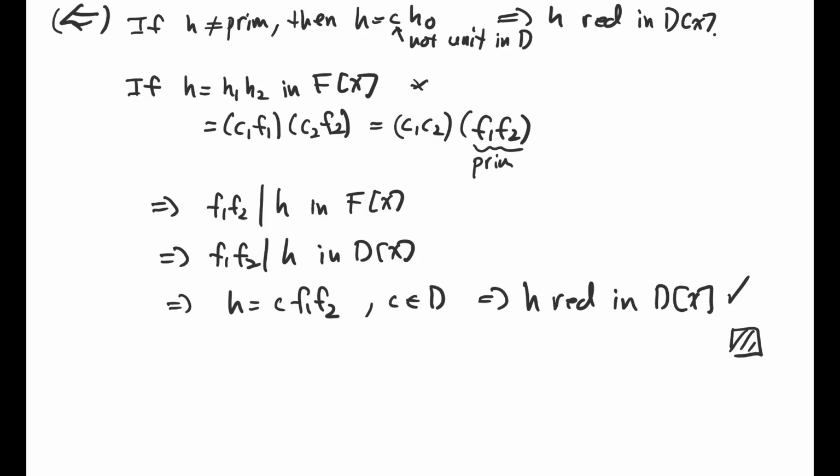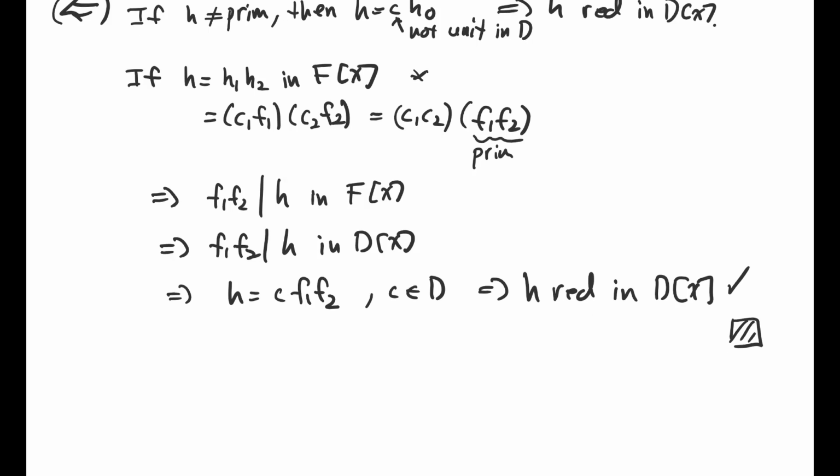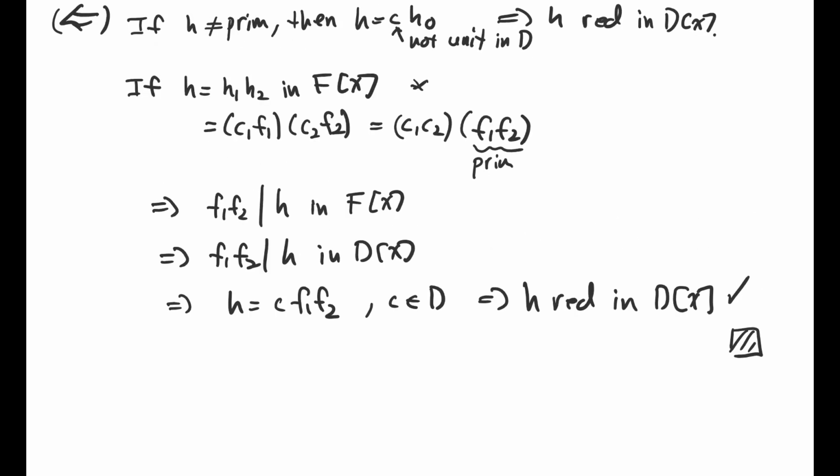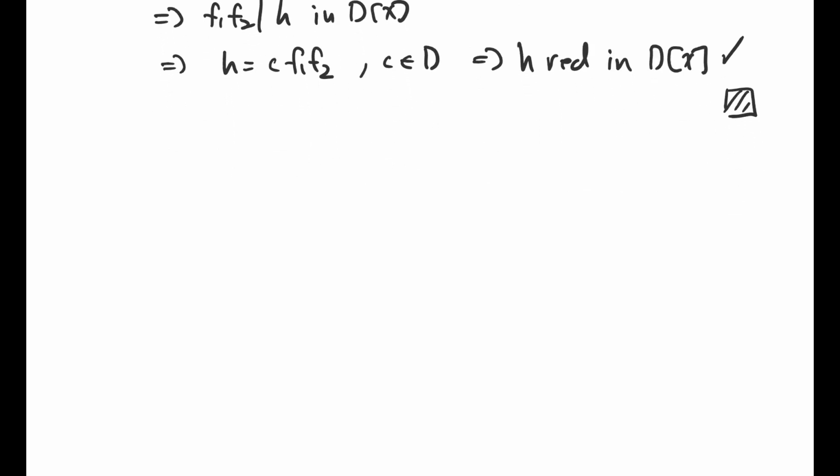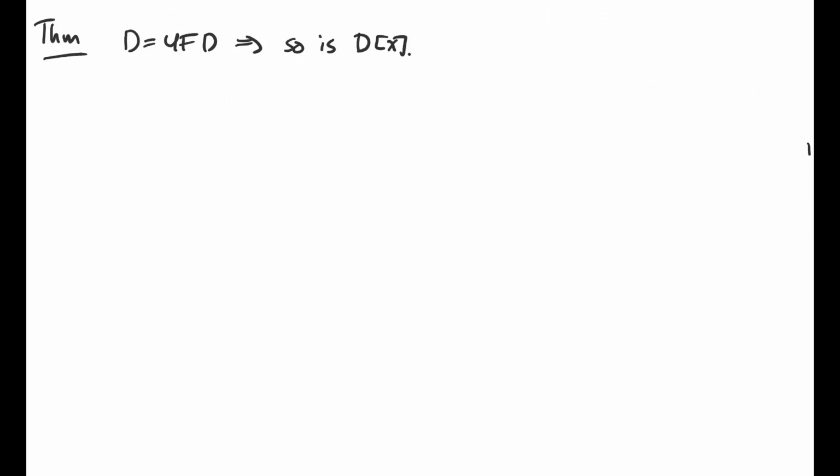And we're going to use this next to show that when you have a UFD and you attach a polynomial, make it into a polynomial ring, it stays a UFD. All right, the theorem is if D is a UFD, then so is D[x].